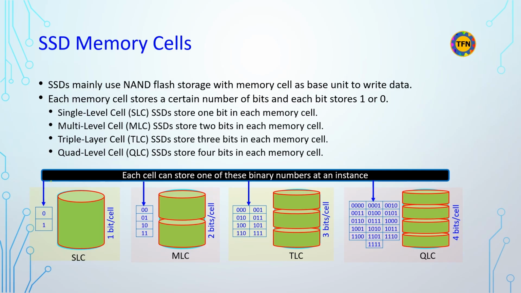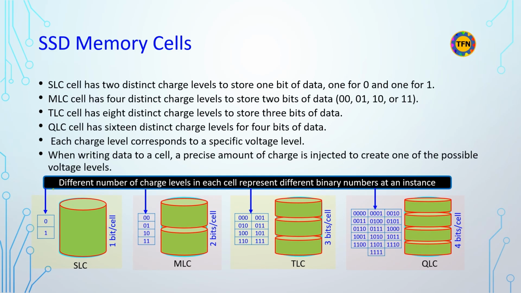Each memory cell of a single-level cell or SLC SSD stores 1 bit, multi-level cell or MLC SSD stores 2 bits, triple-level cell or TLC SSD stores 3 bits, and quad-level cell or QLC SSD stores 4 bits. SLC cell has 2 distinct charge levels to store 1 bit of data, 1 for 0 and 1 for 1.